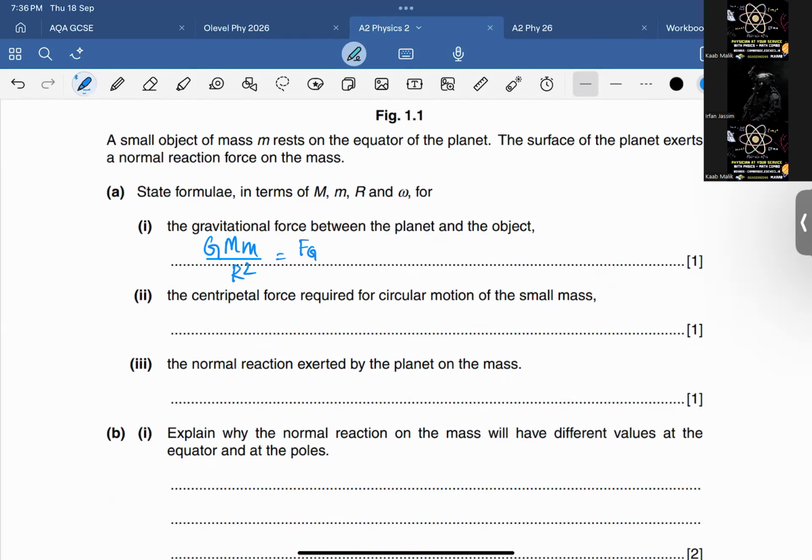The centripetal force required for circular motion of the small mass. Basically, they have given us the omega, so we have to write it in terms of omega. The normal reaction exerted by the planet on the mass.